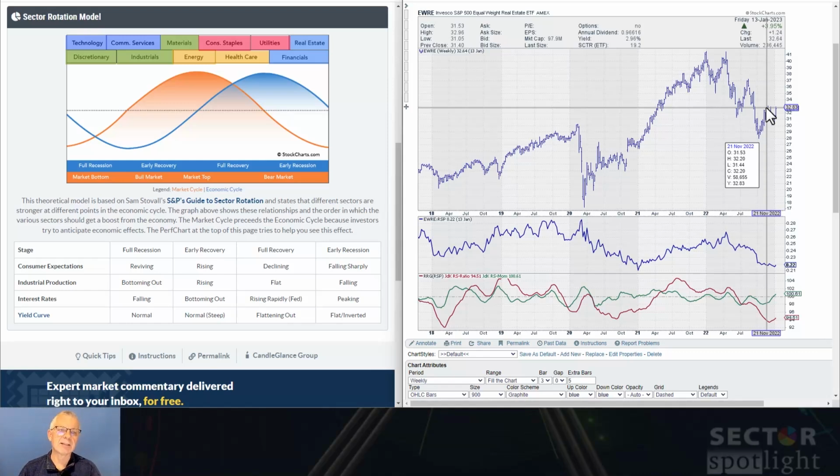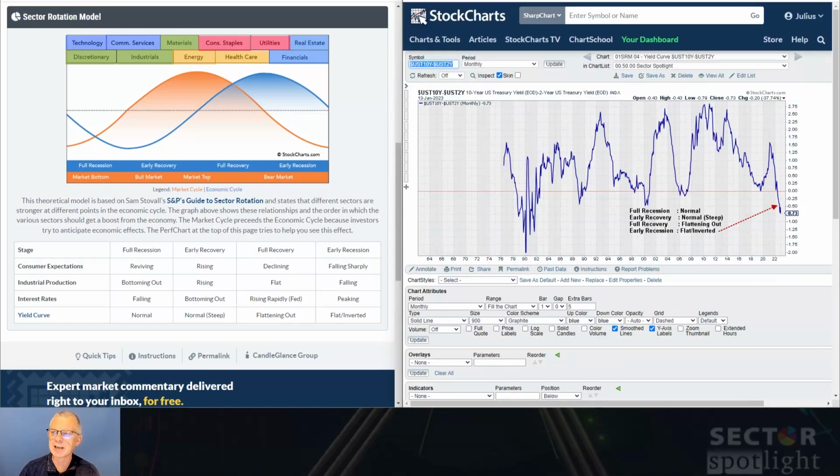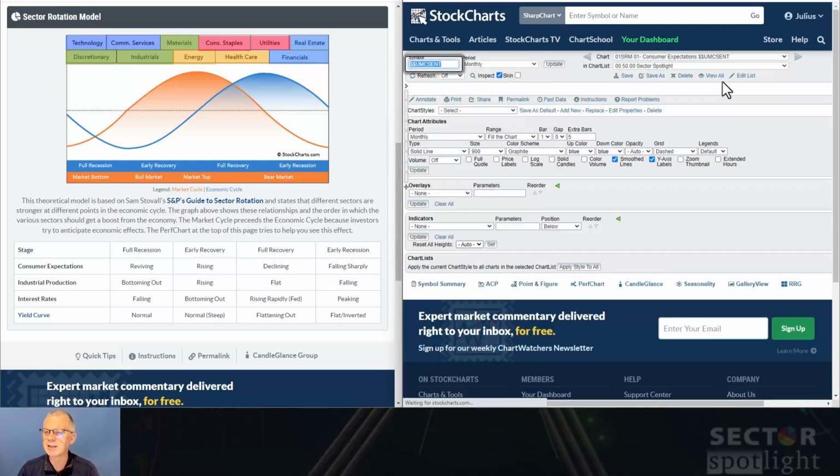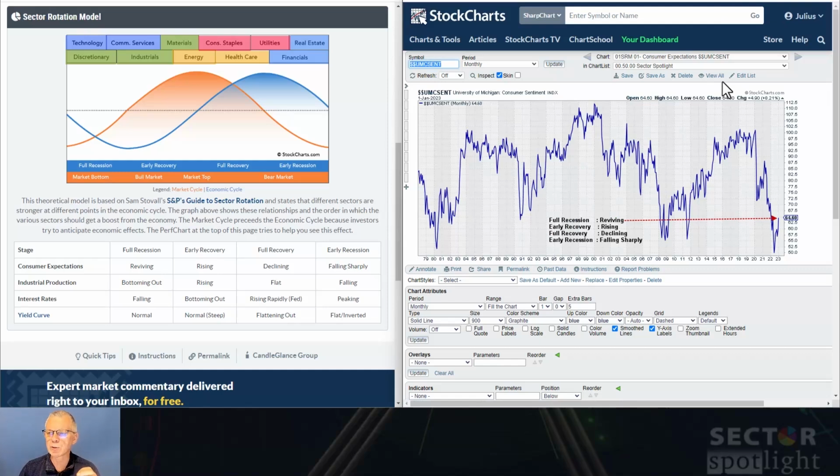The next thing that we need to take care of in terms of the sector rotation model is go over the macroeconomic indicators, how they are reading. And as you know, these macroeconomic indicators are stored in my public chart list, and the link to that chart list is in the description of the video. So the first one here is consumer expectations, the consumer sentiment index. And I think that is reviving.